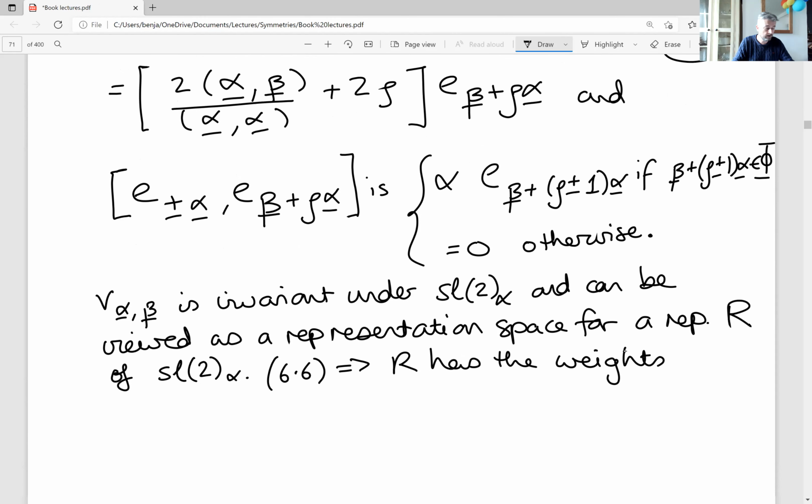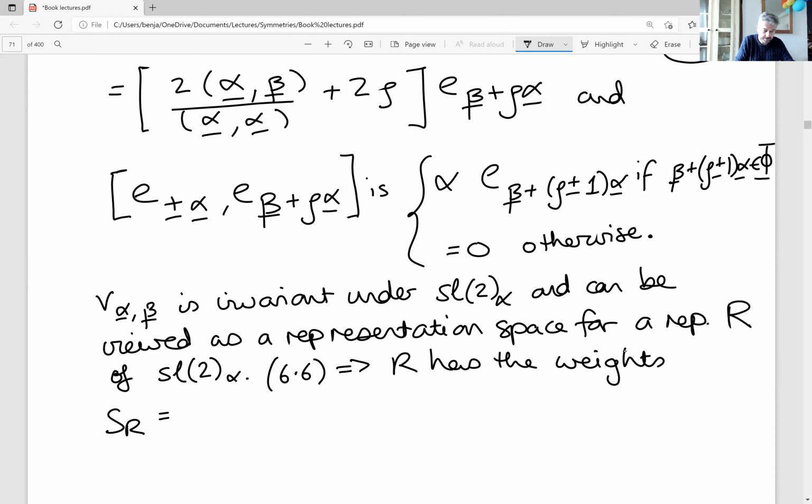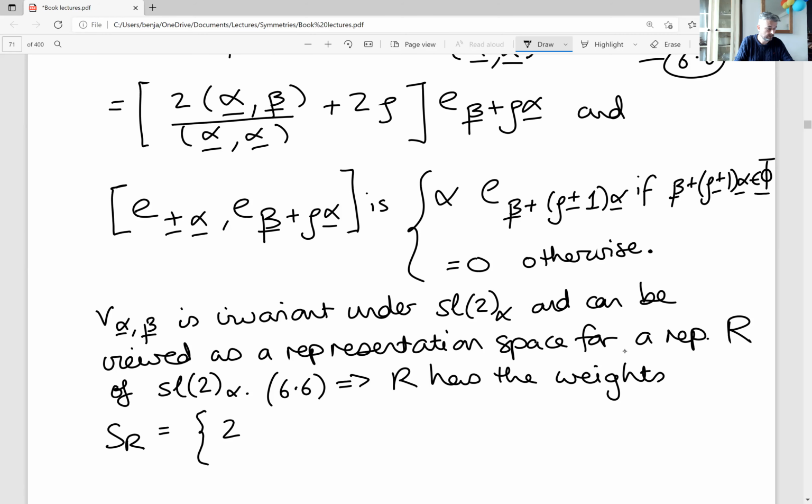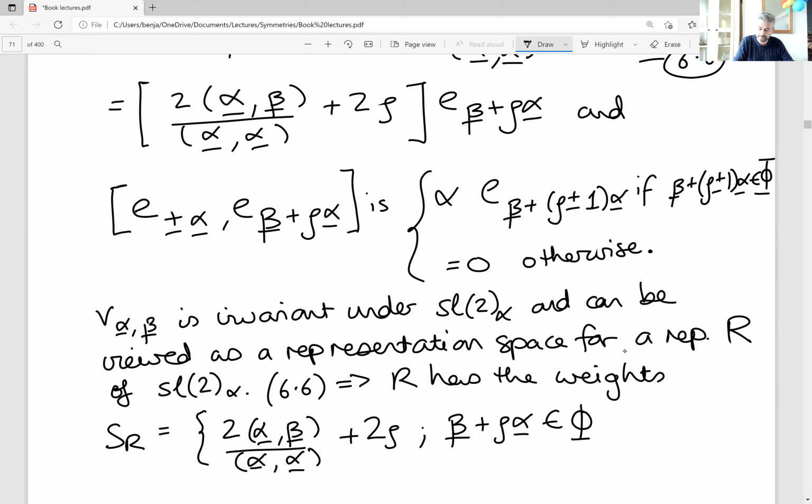So R has weights SR, and we just set them equal to this eigenvalue here: 2 inner product of alpha and beta over inner product of alpha with itself, plus 2 rho, where beta plus rho alpha is in the root set.